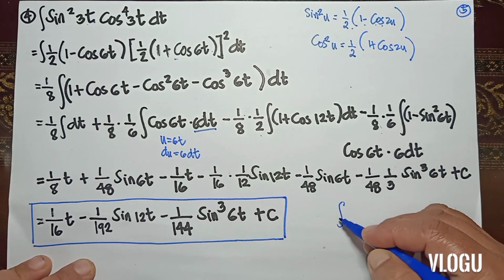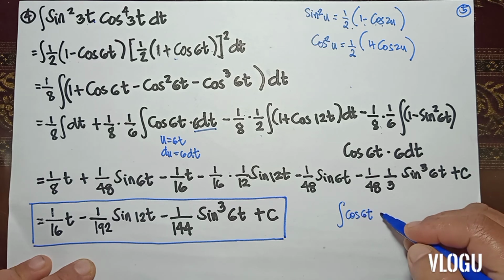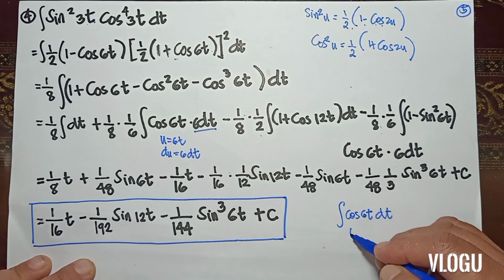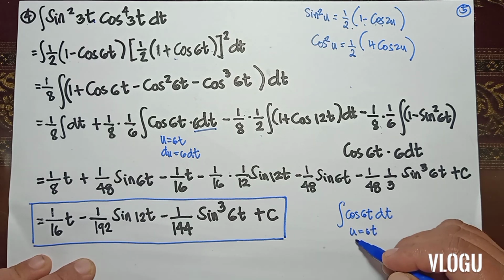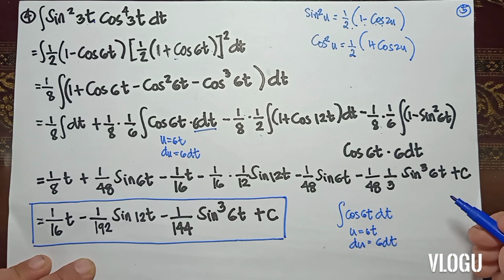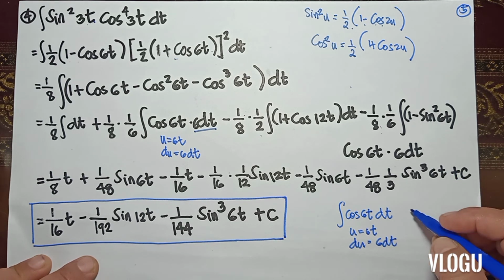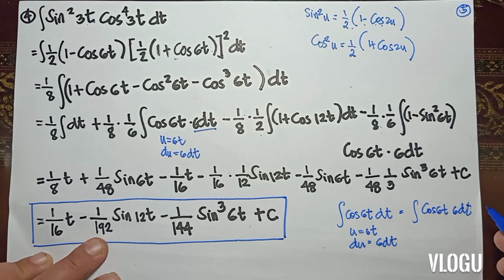You will have the integral of cosine 6t dt. So, u here is 6t. Then, du is 6 dt. So, that is now a complete form. So, complete form here, that is the integral of cosine 6t, then 6 dt.